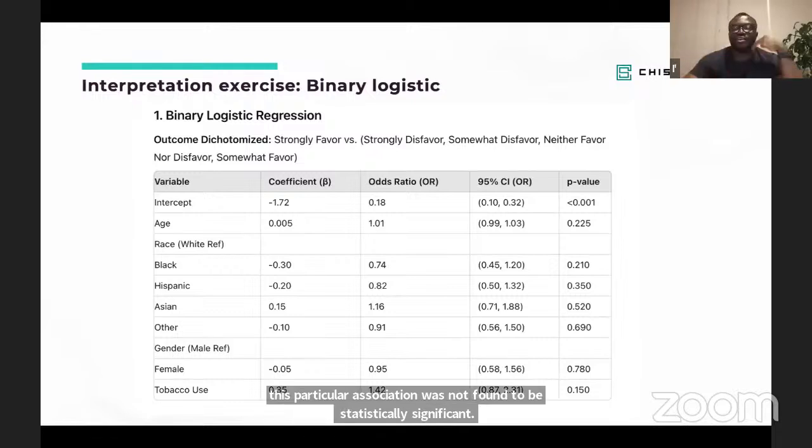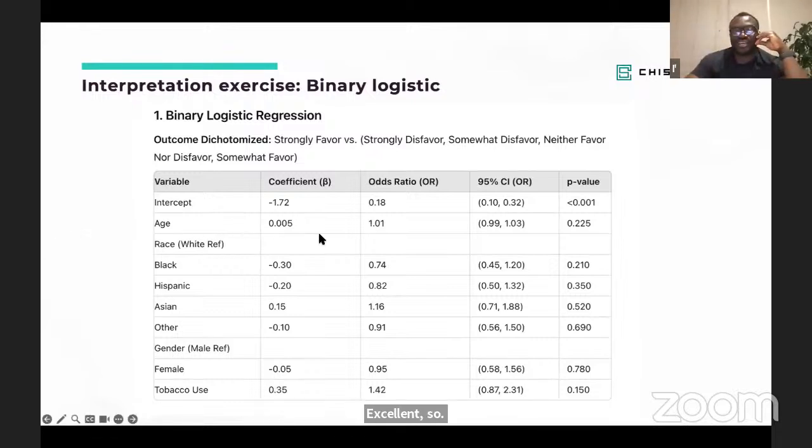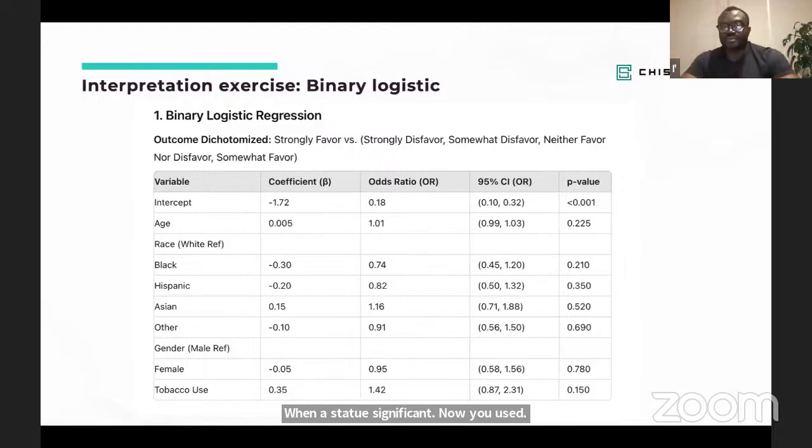Excellent. So for every unit increase in age, there is a 1% increase in odds of reporting being strongly favored against menthol bans. And like you said, the results were not statistically significant. Now, you used 1% increase in odds, right? Which is a relative way of framing it.